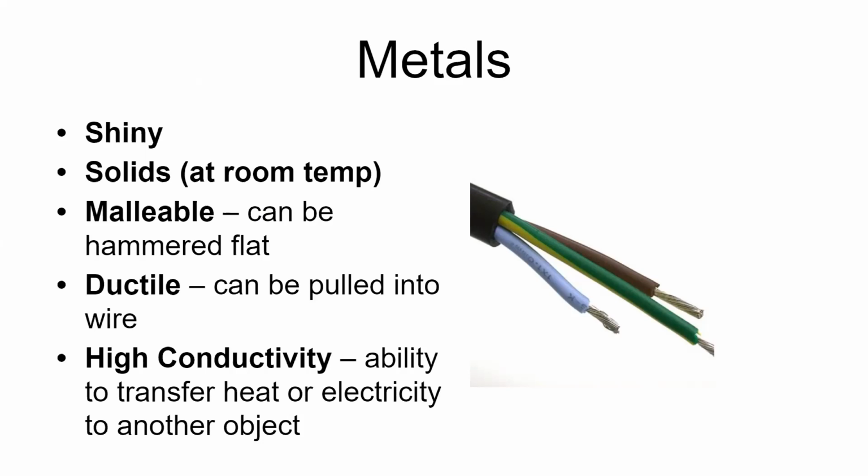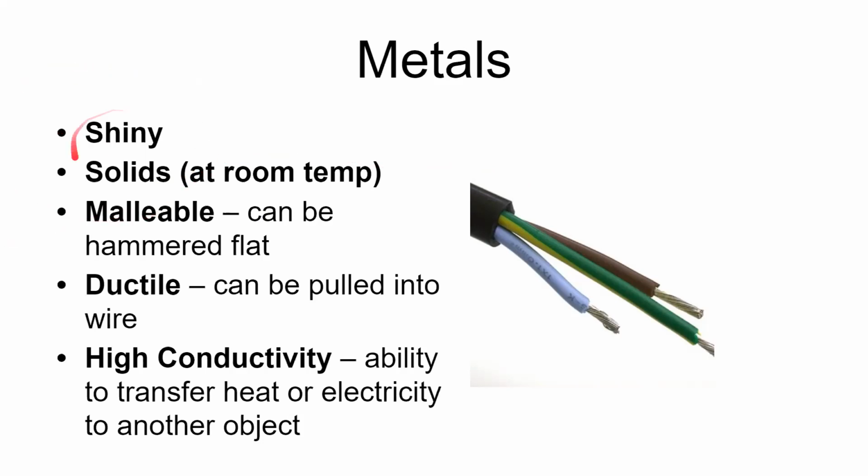There are a couple cool exceptions. So mercury is one of the few metals that is actually liquid at room temperature. So when it gets just a little bit warm, it is no longer a solid and it looks like shiny water, essentially. It's really cool to look at, but don't touch it. Mercury is very toxic if it gets into your body.